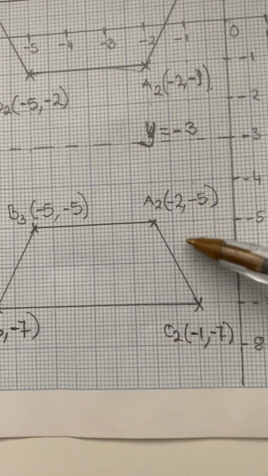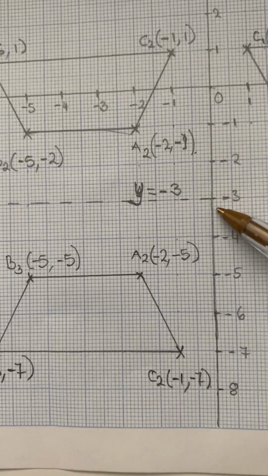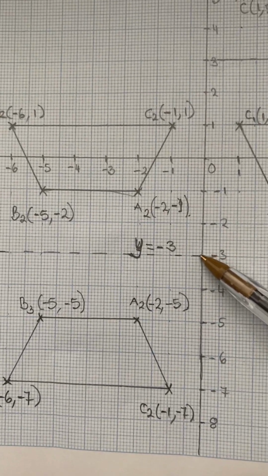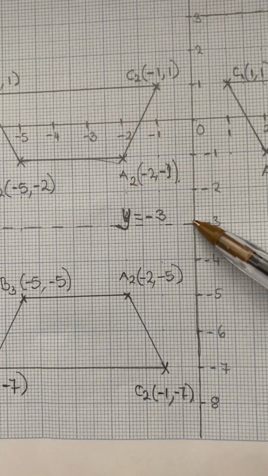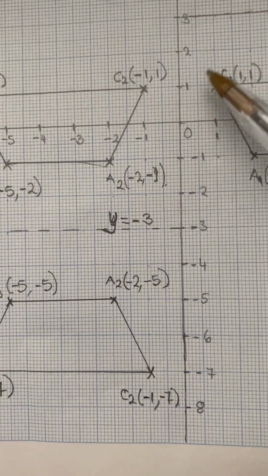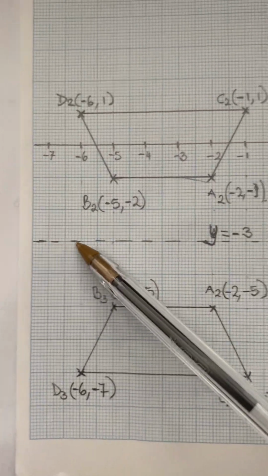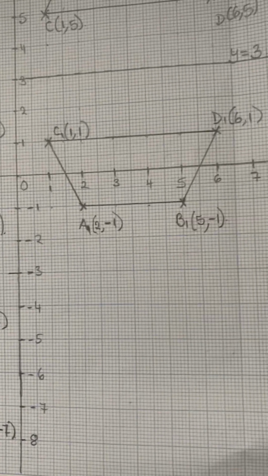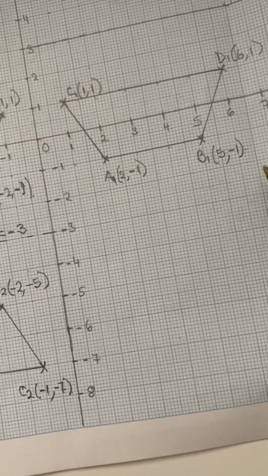Now we need the line y equals -3, so we come to the y-axis, y equals -3. That was the line we need. So we come to the y-axis on this line here, from all the way here up to there. But we didn't need to extend it here.